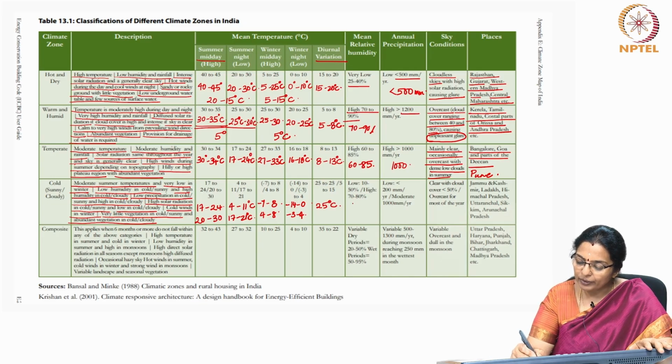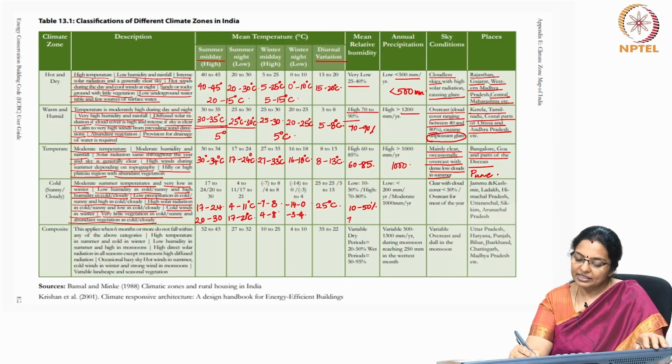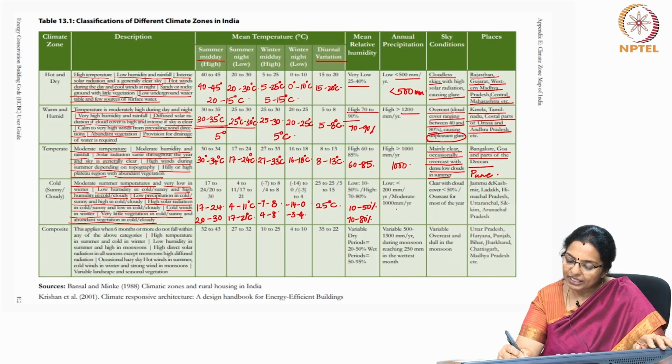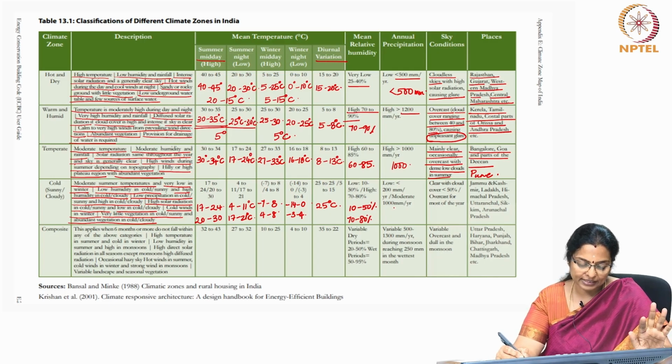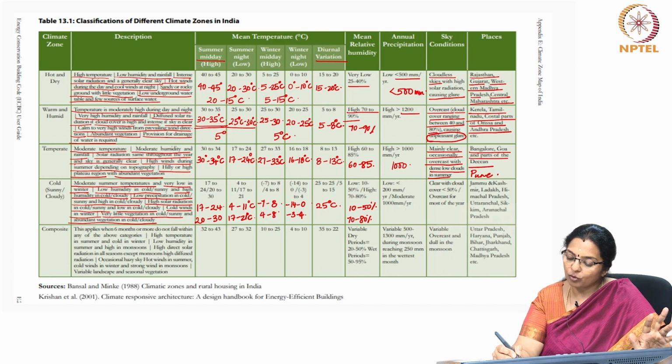Mean relative humidity is low, between 10 to 50%, and high. When it is high, it can be 70 to 80 in cold and cloudy. In cold and sunny, it is very less. Annual precipitation is low, less than 200 mm in cold and sunny, and moderate, up to 1000 mm, in cold and cloudy.